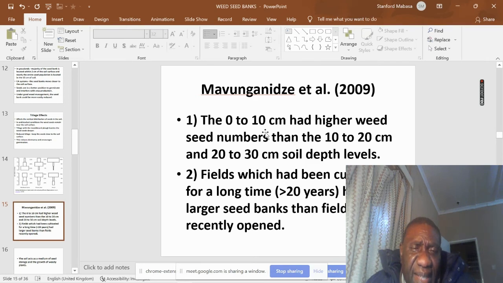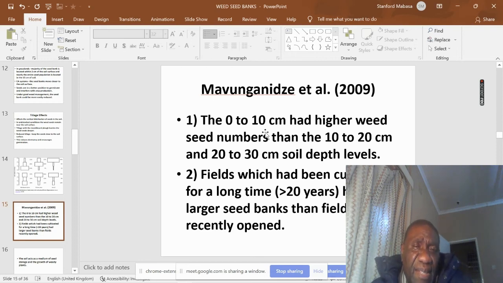Another point they reported is that fields which had been cultivated for a long time, let's say more than 20 years, had larger seed banks than recently opened fields.